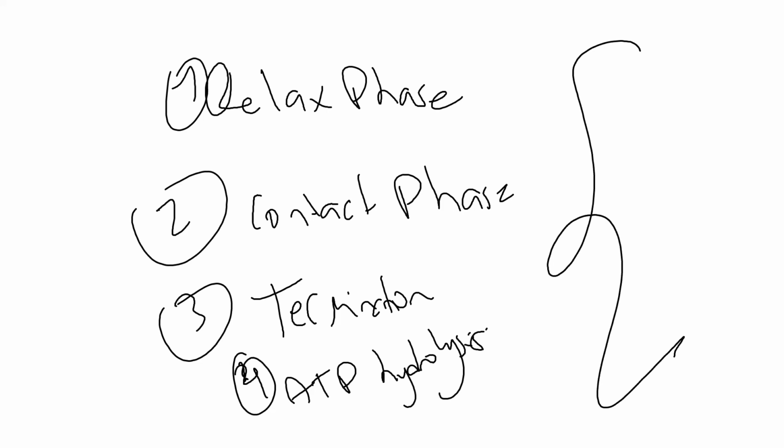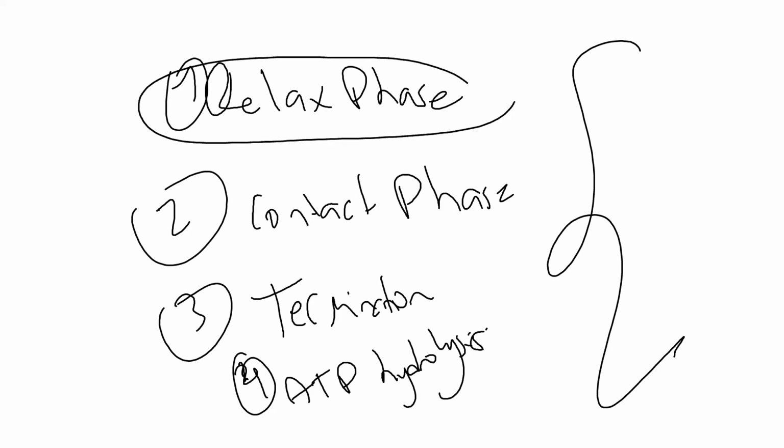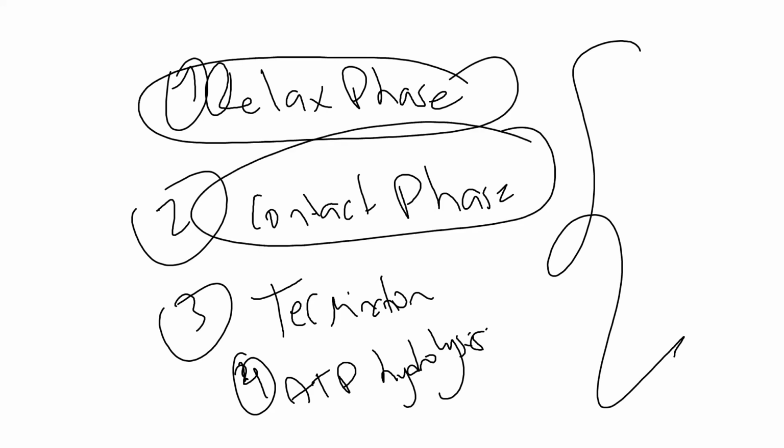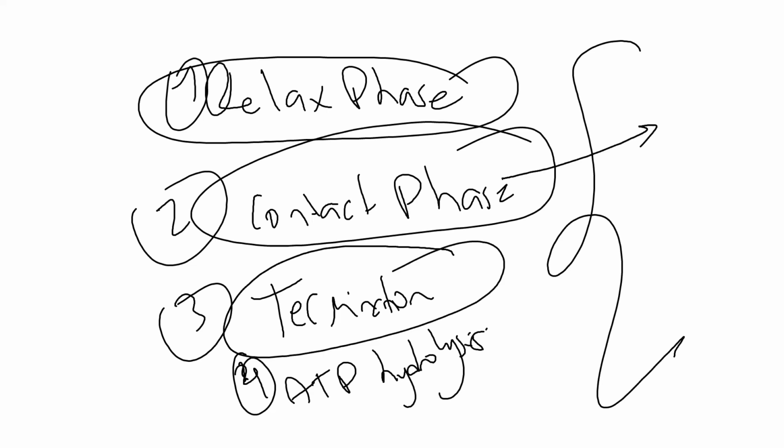It means the relax phase will help, and the attachment, and the contact. So when he speaks about the contact between the myosin and the troponin, he means the contact phase.